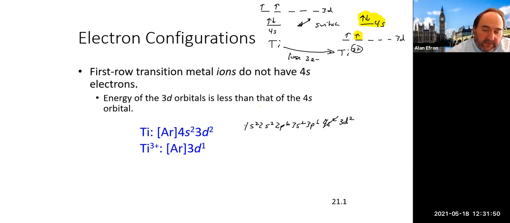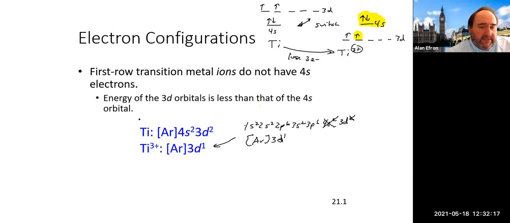So we lose 2 out of the 4s and 1 out of the 3d, bringing us to argon 3d1 left over. So Ti with a +3 charge would have 1 d electron left in it. Any questions on that?